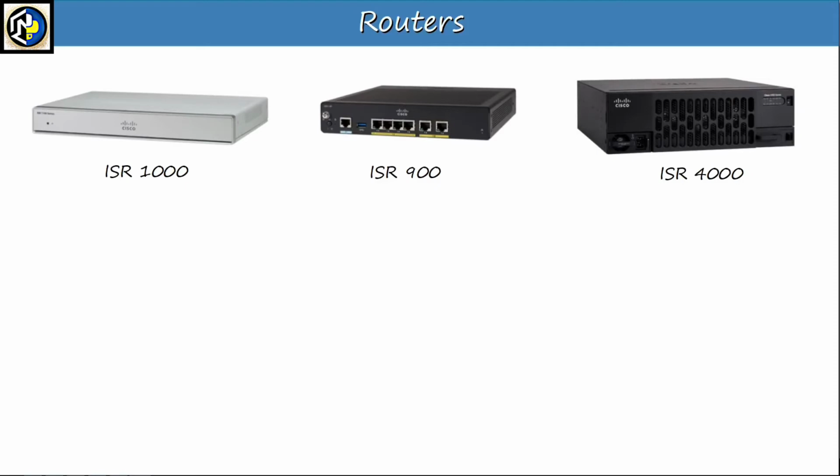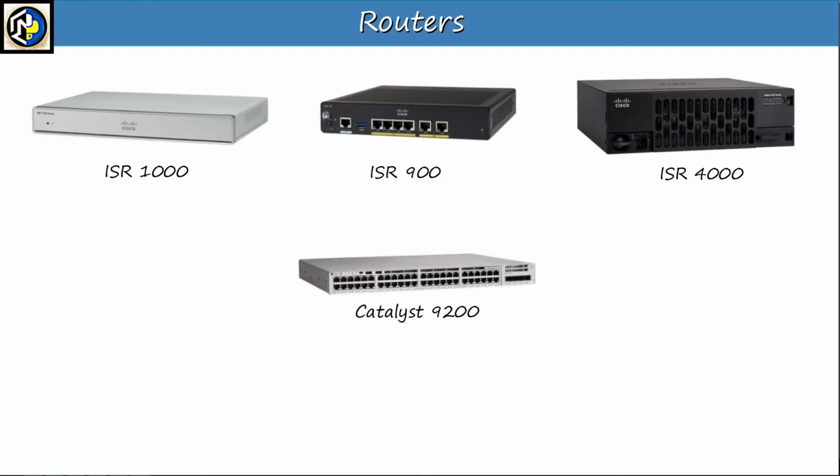So, let's talk about some of the characteristics of routers. These are a few examples of Cisco routers you might find in use in an enterprise network. The ISR 1000 and ISR 4000 have their network interfaces on the back, but if you look at the ISR 900, you can probably notice a difference between a router and a switch.